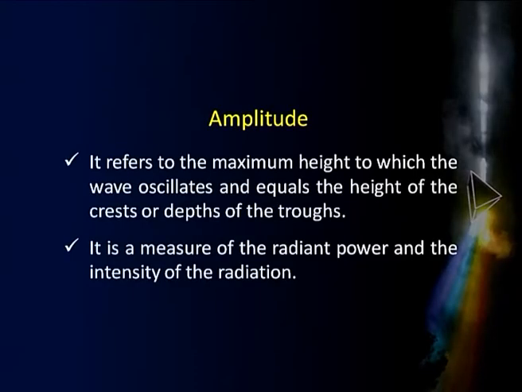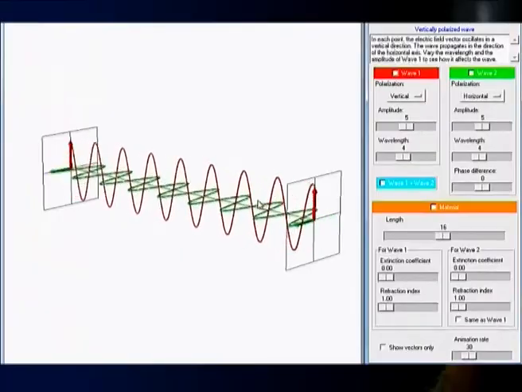You just saw a wave moving like this. When the wave is moving, what is the maximum height to which it goes, and what is the minimum? So, the maxima of the crest and the minima of the trough. This is the meaning of amplitude, and it is a measure of the radiant power and the intensity of the radiation.